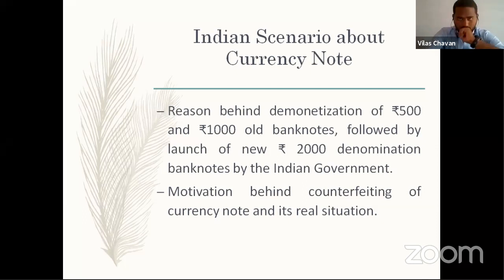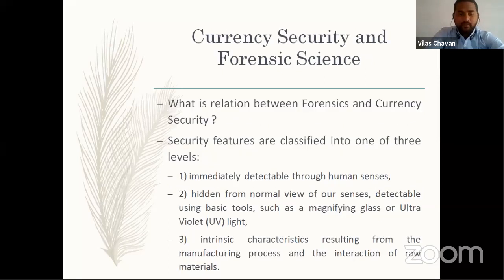Now let's have a talk on currency security and forensic science. That is, what is the relation between forensic science and currency security? So to successfully distribute counterfeit currency, the end product must be inconspicuous, achieved by faulting security components.